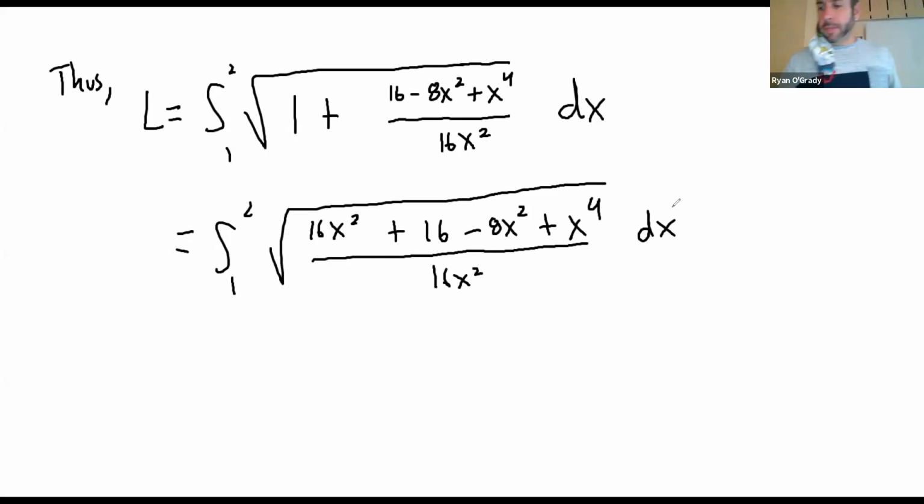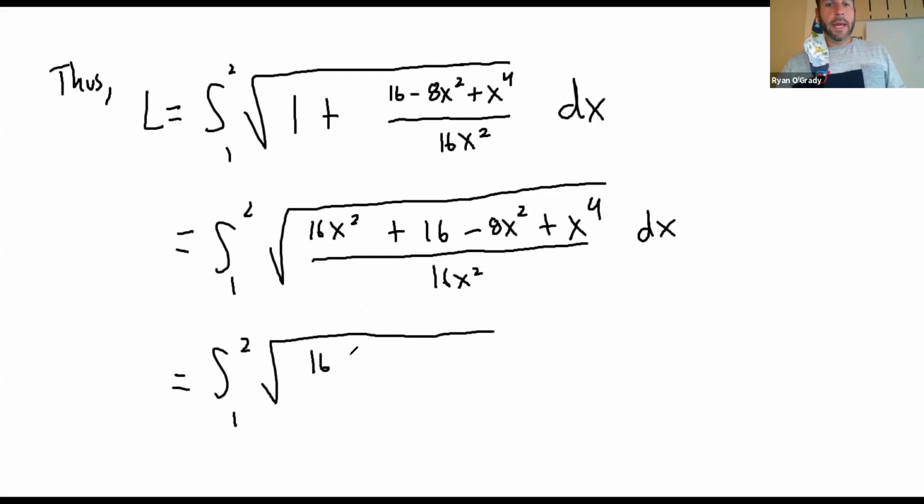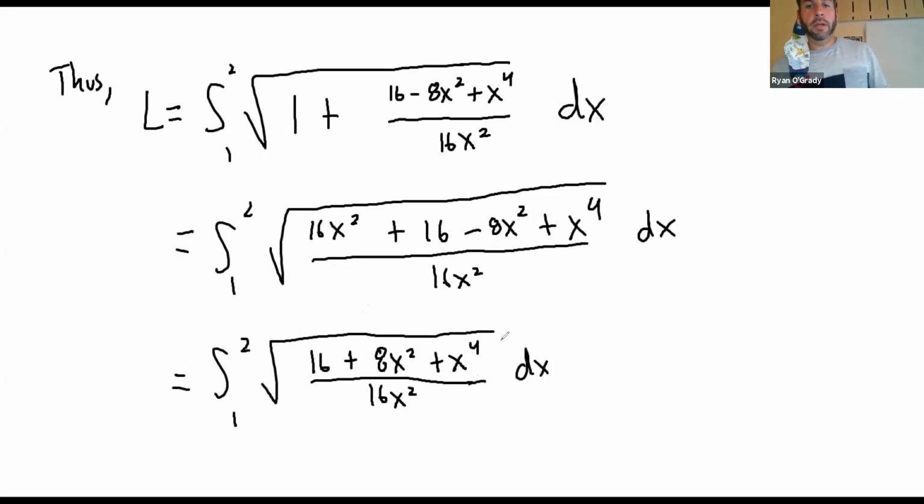So what I'm going to do is combine my like terms. 16x squared minus 8x squared, when I add them together, becomes plus 8x squared, plus x to the 4th. And the key observation, which every algebra student knows, is that the numerator is now a perfect square.